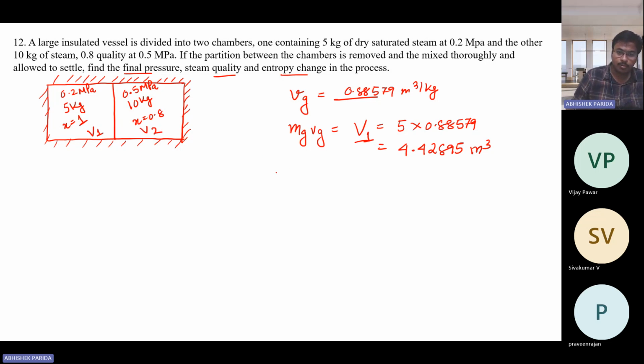Now chamber 2, V2, at 0.5 megapascal, which means 500 kilopascal.